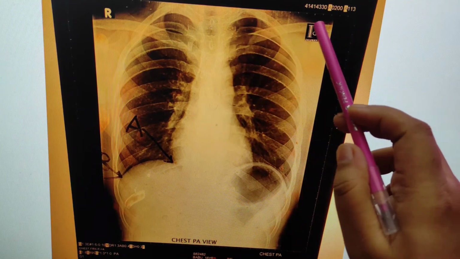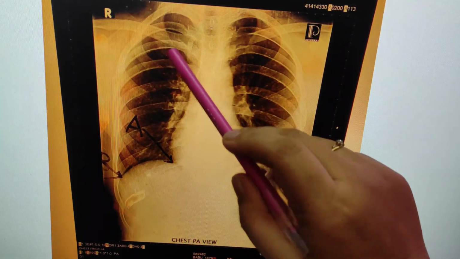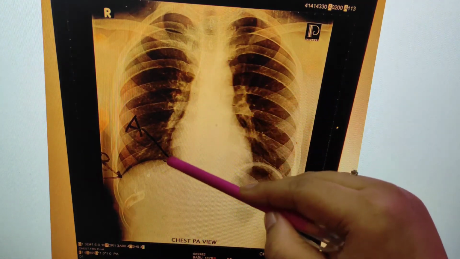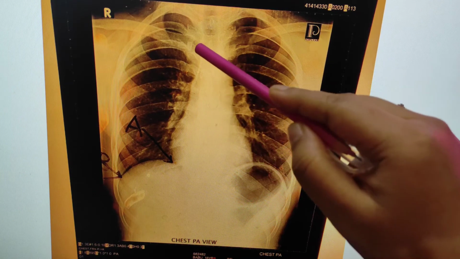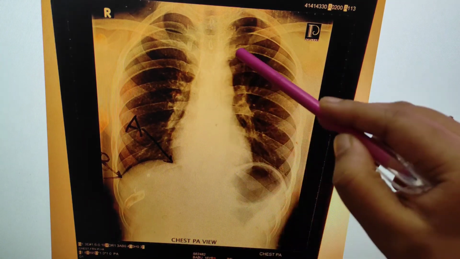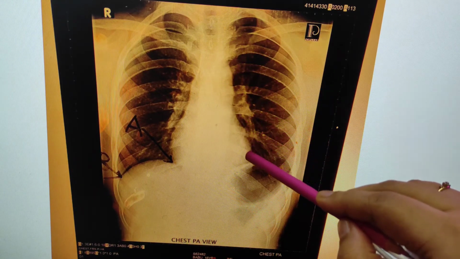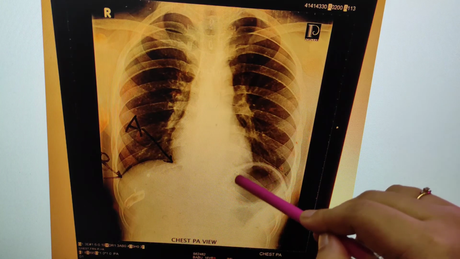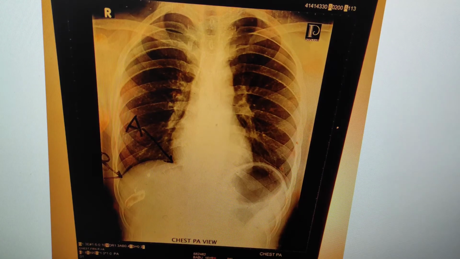This is the clavicle. Here is the anterior border of the lung, the anterior border of the right lung and the anterior border of the left lung. And here is the apex.